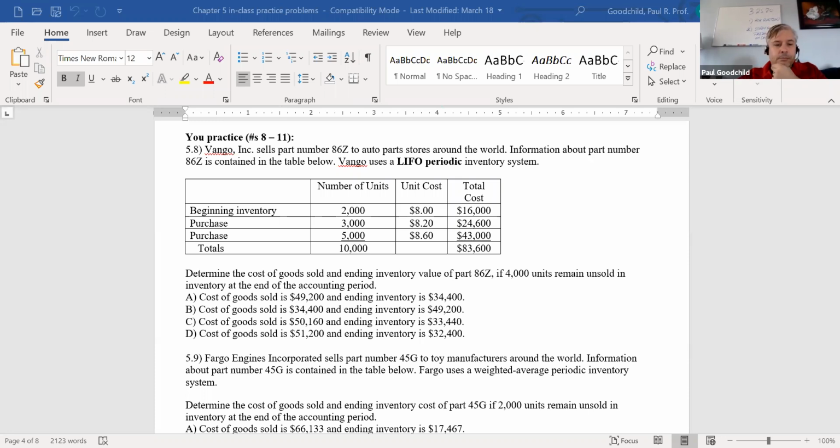Okay, so basically you have to advance the problem to move to the next part.